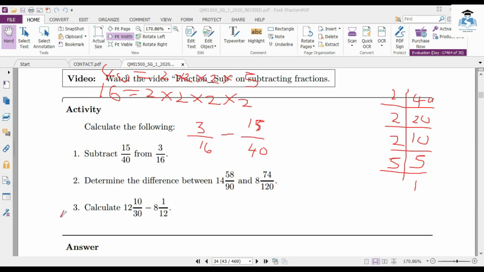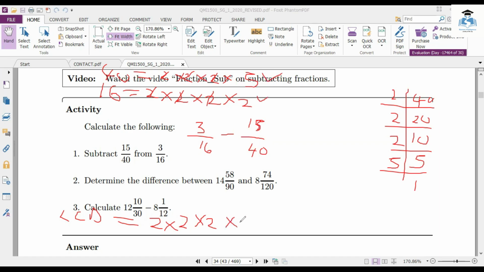Now for the lowest common multiple of the denominators, 2 and 2, we'll consider it as 1. 2 and 2, we'll consider also as 1. Then 2 and 2, we consider it as 1. Then we are left with 5 and the other 2.